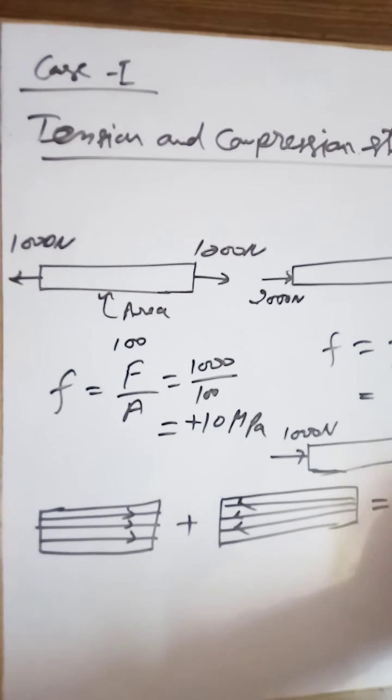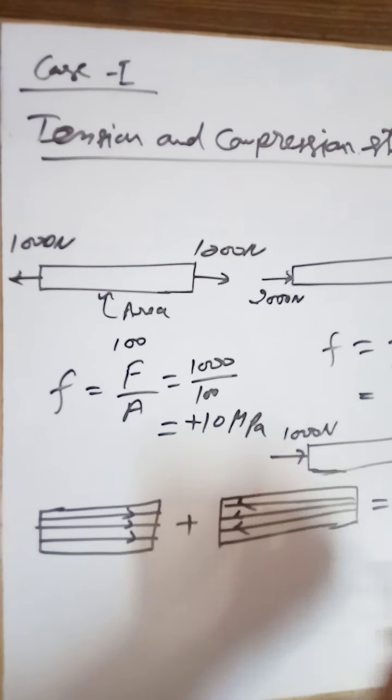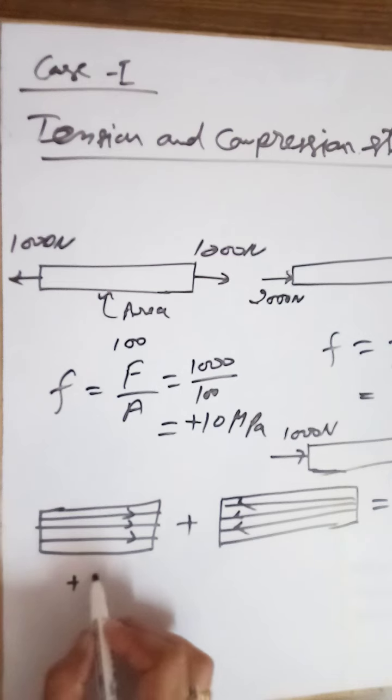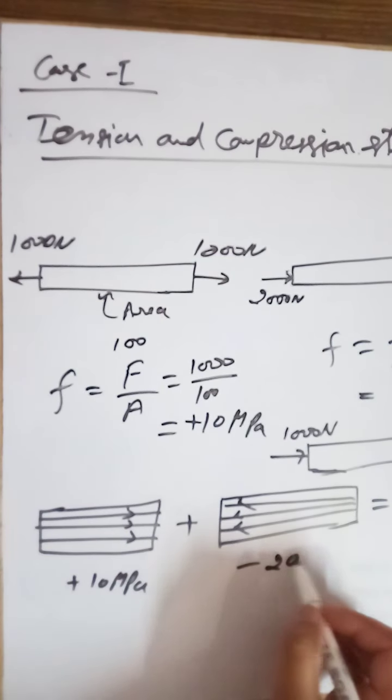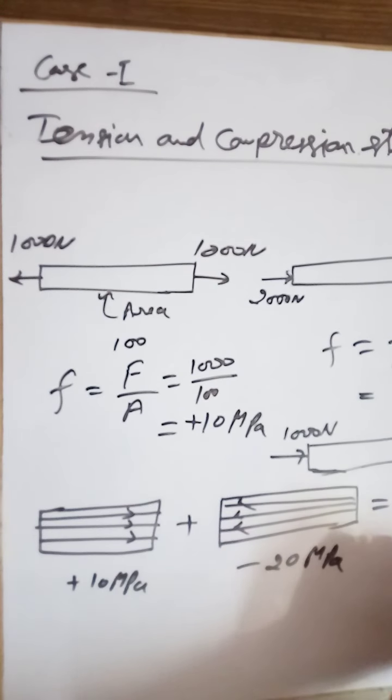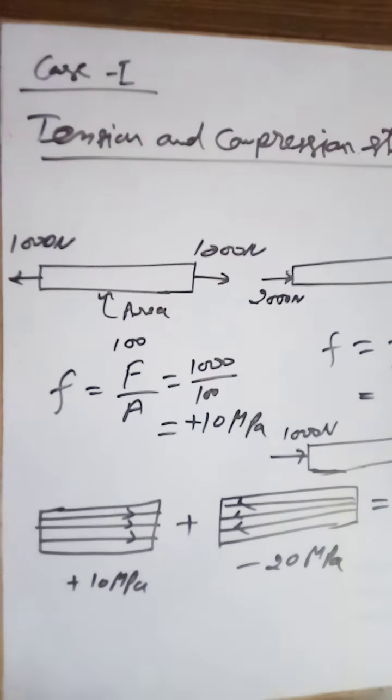Like this, you can easily understand, it is compressive. It is 10 megapascal, it is minus 20 megapascal, and the resultant is minus 10 megapascal. Thus the resultant is a compressive stress. So this is case 1.